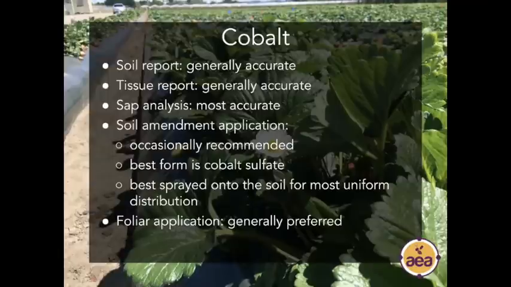But we do find good crop responses and good biology responses from cobalt applications to the soil in the form of cobalt sulfate. My hypothesis, and I don't know this for certain, is that the reason is because cobalt is so critical for soil biology.